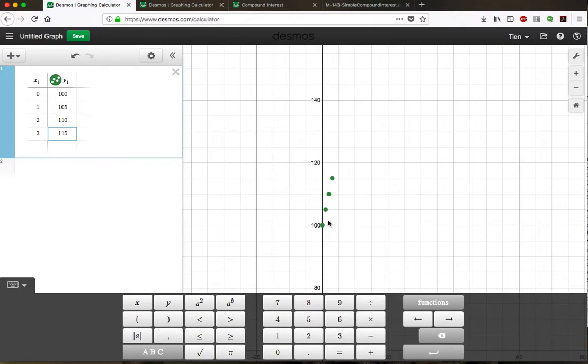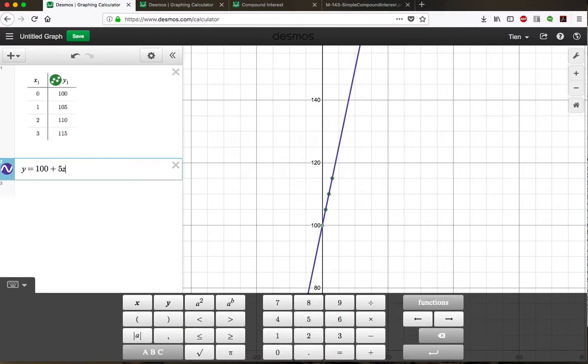And what the line is exactly isn't too hard to see. You start at 100, and then every month you go forward, that goes up by 5. So, sorry, 5x. And so if I plot 100 plus 5x, x is the number of months, you go up by 5 each step, and that's exactly the line being described here.